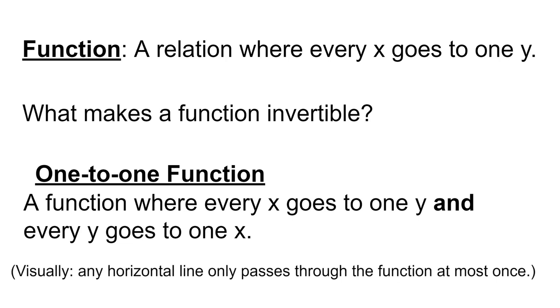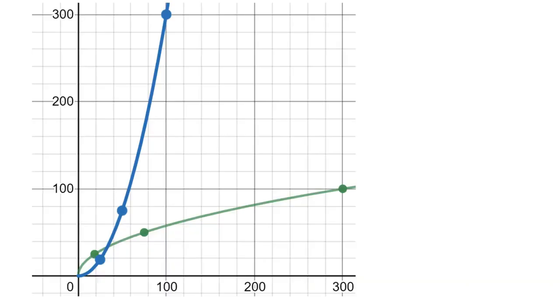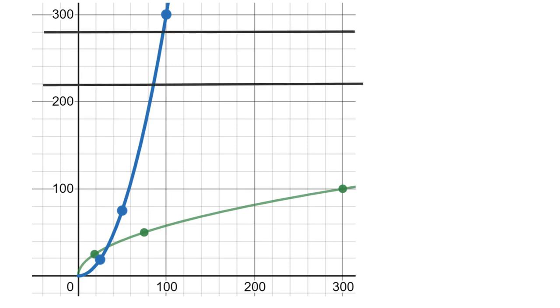Visually, the way we can tell that something is a one-to-one function is the horizontal line test that I mentioned, which says any horizontal line only passes through the function at most once. As you can see, when we restrict the domain, now it becomes an invertible function on the restricted domain because any horizontal line I draw is only passing through our original D of S function one time, and that's why we were allowed to create the S of D function as its inverse.